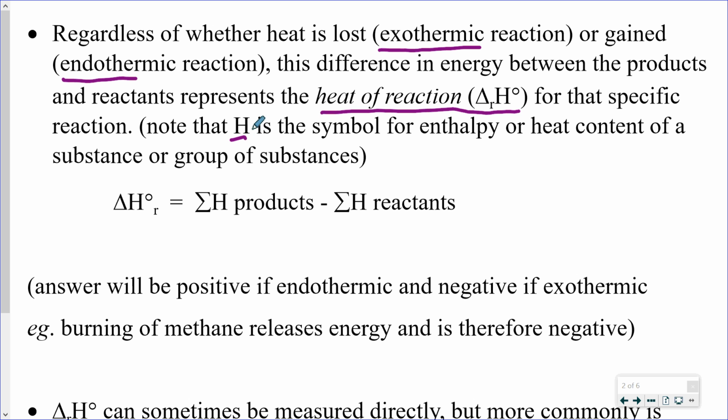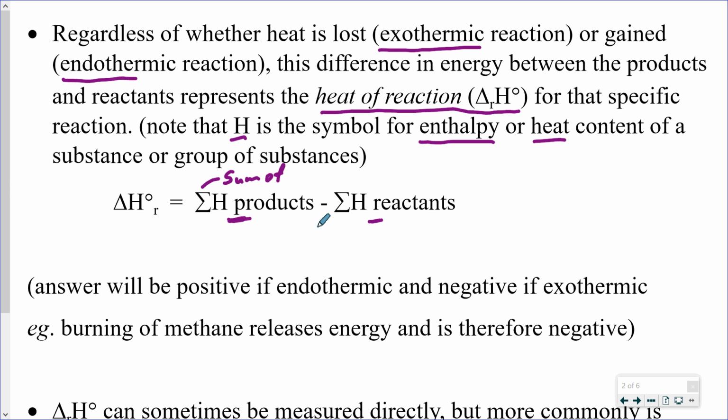And again, the H is the symbol for this word here, enthalpy, which is the heat content of a substance or a group of substances. So I have a simplified version here of the equation that's in your data booklet. Delta H, the change in the enthalpy for a chemical reaction, is the sum of the enthalpy in the products minus the sum of the enthalpy in the reactants.